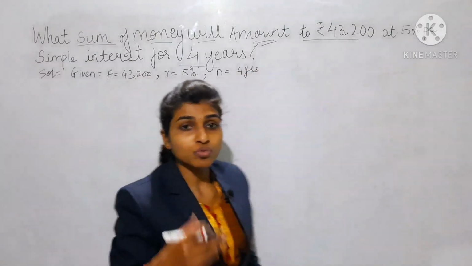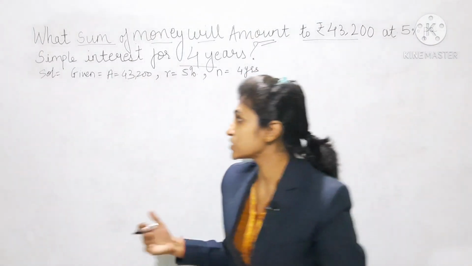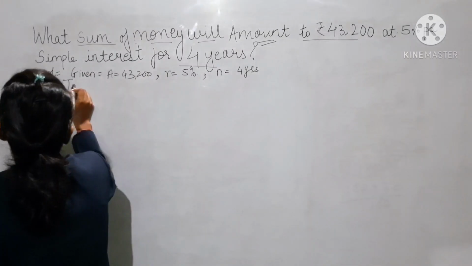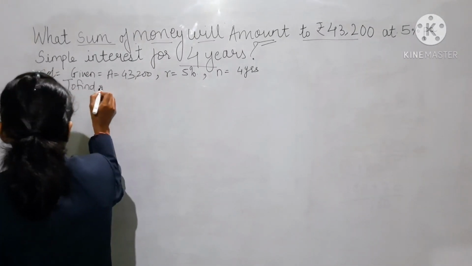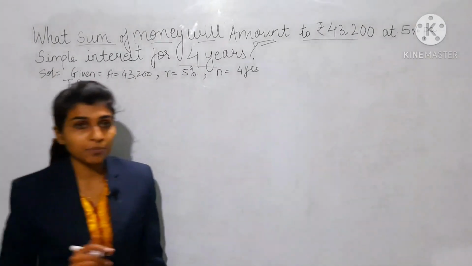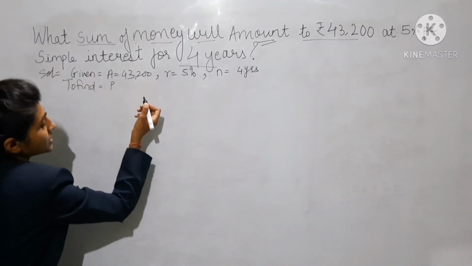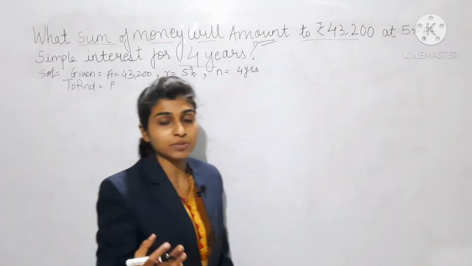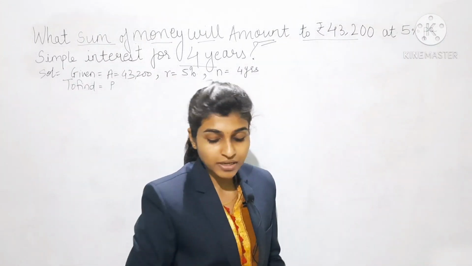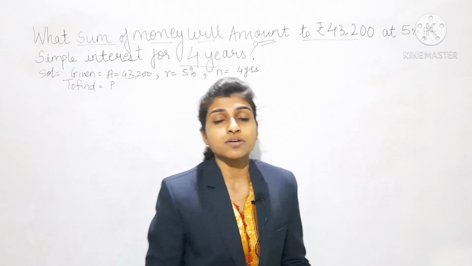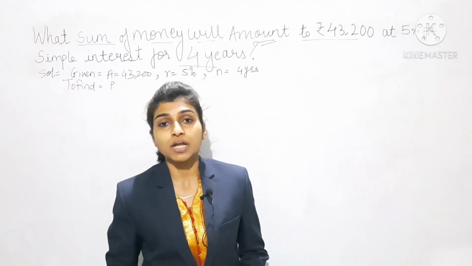Now what is to be found? To find is the sum. Sum means P, principal, so you have to find the principal. To find it, we are going to use the second formula of amount.